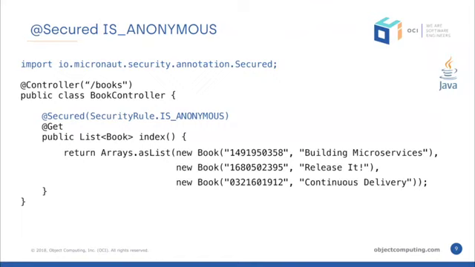If you annotate an endpoint at method level, when the request goes through the filter, the @Secured security rule will let this request through, even if the user is not authenticated. An anonymous user is a user that is not authenticated, or a user that is authenticated. You can think of it as allowed for everyone.